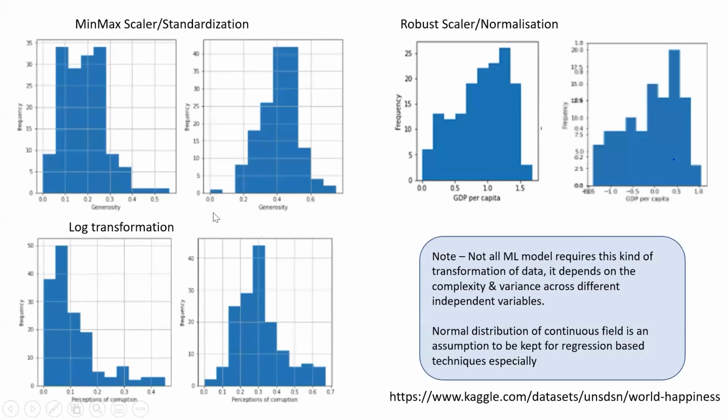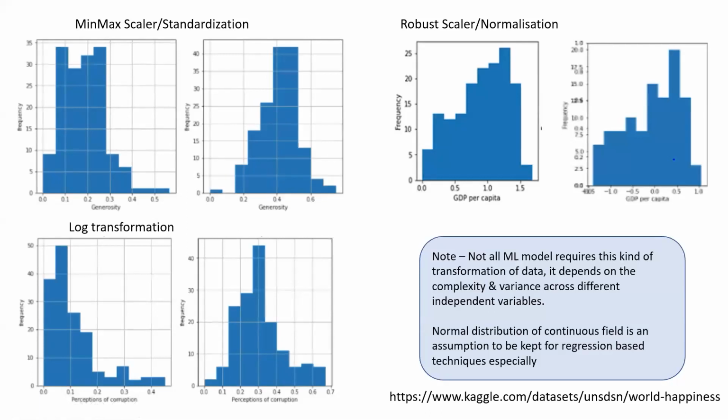There was a happiness index data set that is openly available on Kaggle, and I took the example from there. In this data, there was a score field for generosity, which seems to be skewed on the left side. When I apply a min-max scaler or a standardized approach, it translates into a normal distribution.